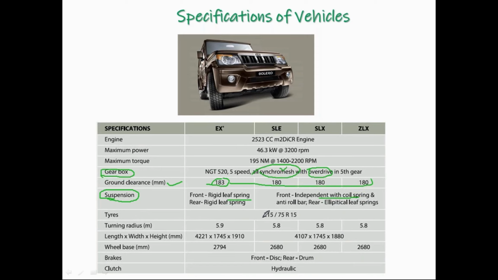Then different types of tires, and turning radius, which will depend on your chassis, on which type of vehicle will have maximum or minimum turning radius. Then the basic geometry, that is length, width, height, and wheelbase. Then what type of brake systems are there? What type of clutch system is there?